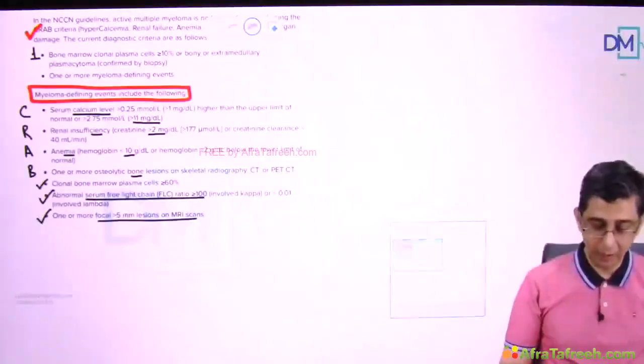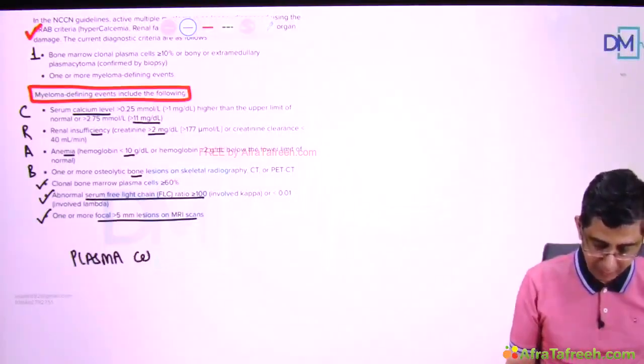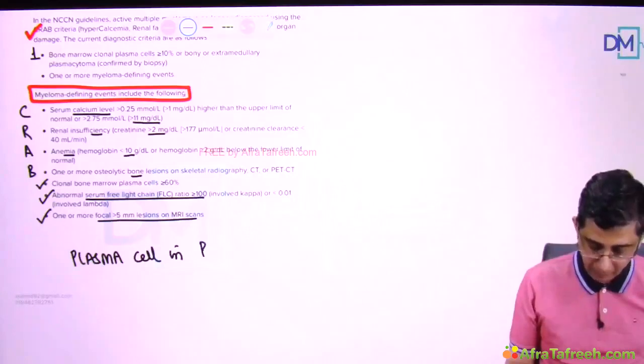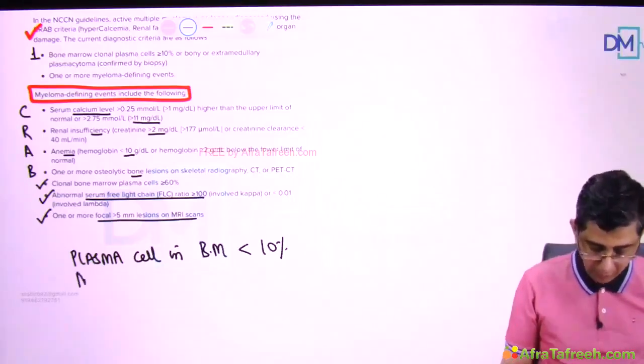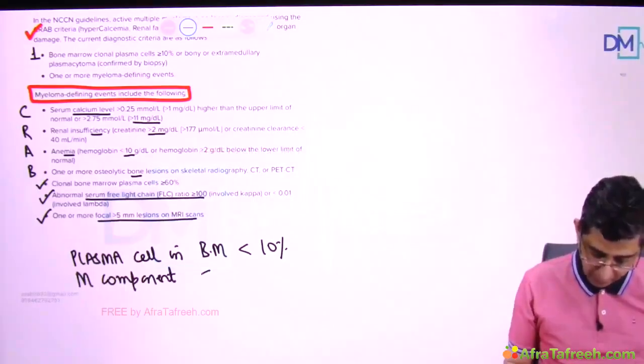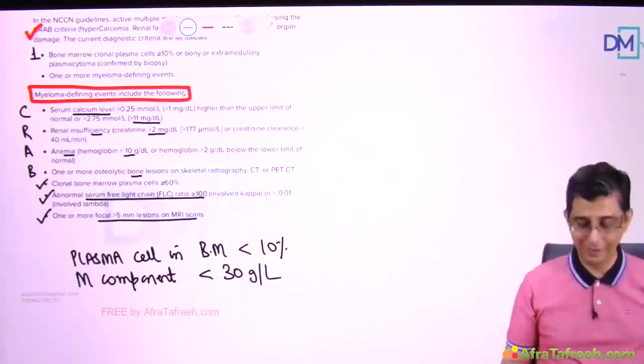Now suppose in a multiple choice question he gives you a situation that the plasma cells of the bone marrow of the patient are less than 10%. He gives you a situation that the M component in the plasma of the patient is less than 30 grams per liter or 3 grams per deciliter.